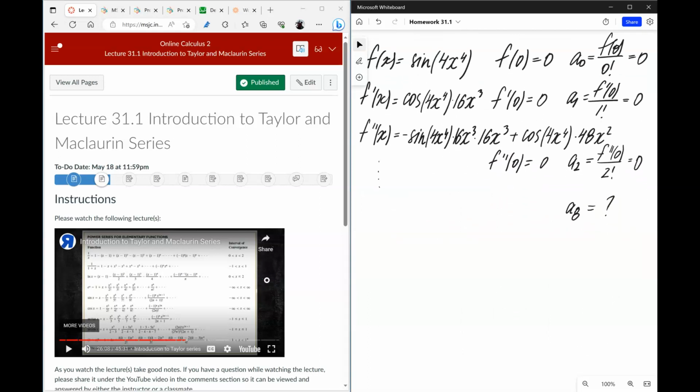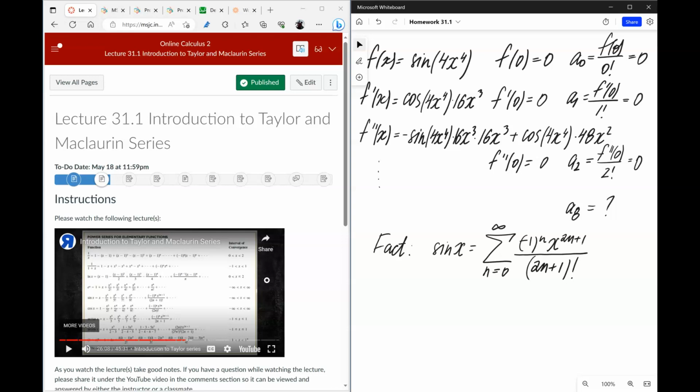We know, this is a fact, that the Maclaurin series for sine of x is this, and it goes from 0 to infinity.